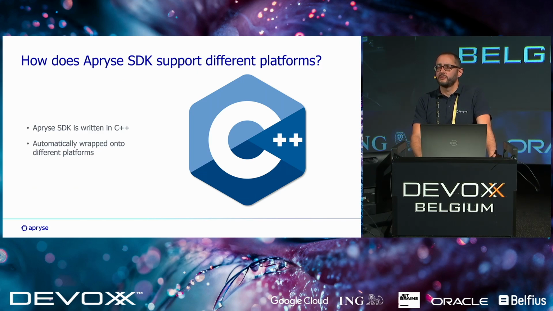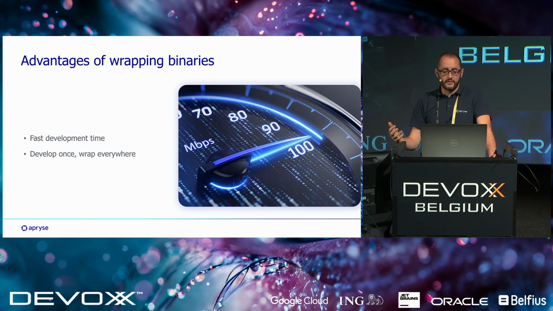This is something that we've encountered with many competitors as well. The advantages there are that you have faster development times, faster builds, develop once, wrap everywhere, basically. Yeah, the one added advantage to this is that your documentation can also be automatically generated and wrapped into different platforms.